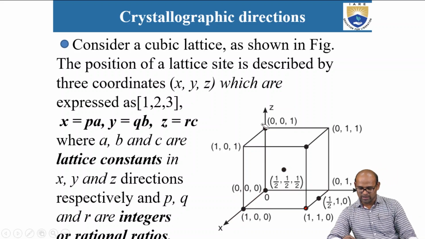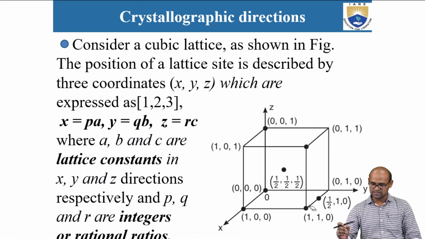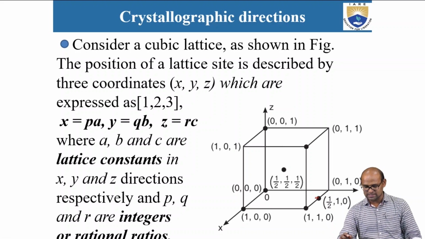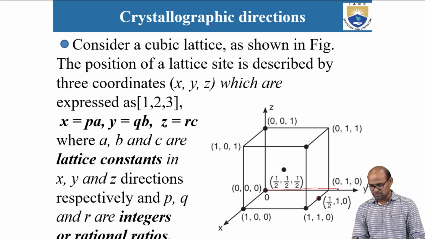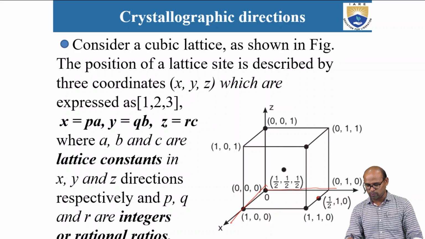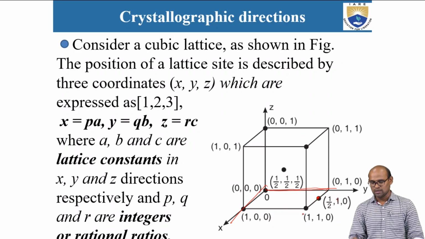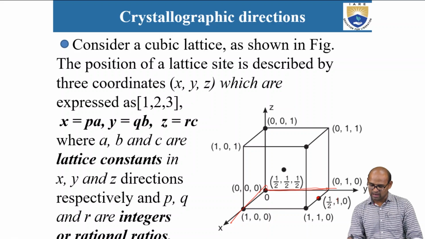Okay, so somewhere we have another atom here, for example this atom. This is in the xy plane, this is the y axis, this is the x axis. Along the y axis it has unit length, so y is 1. But along the x axis, if you are at this point it is 1, but here you are in the middle.